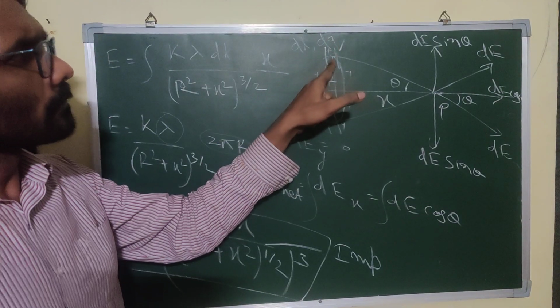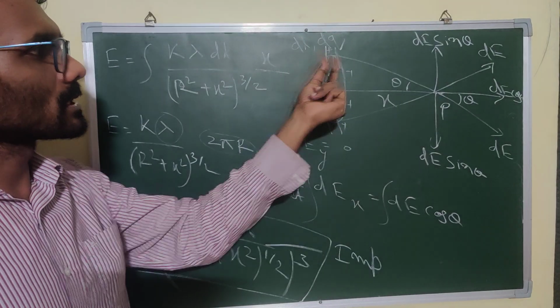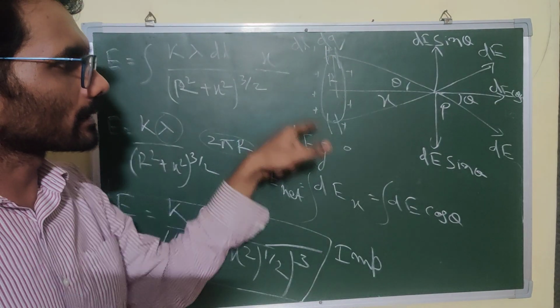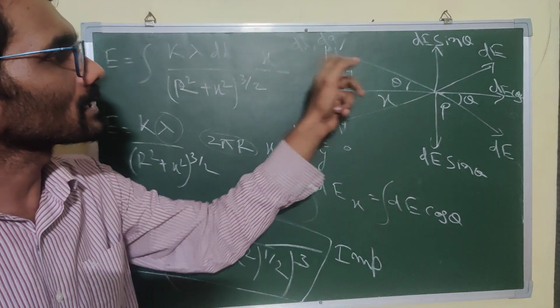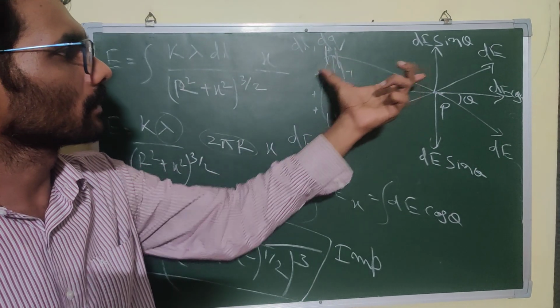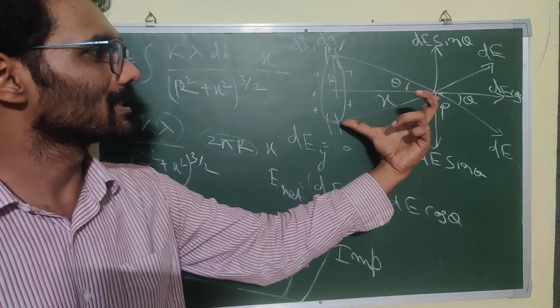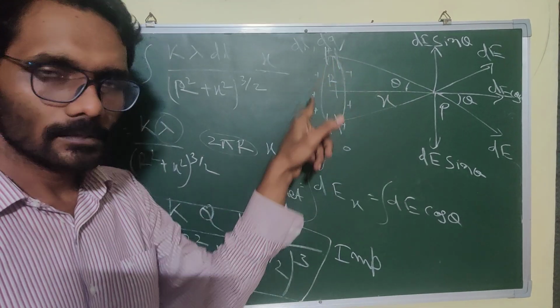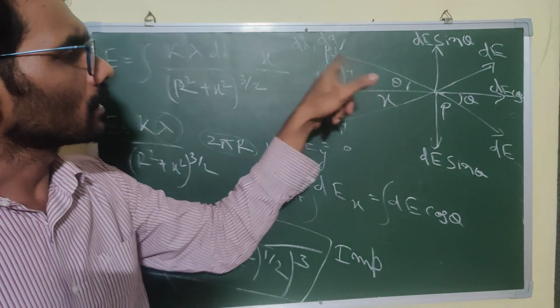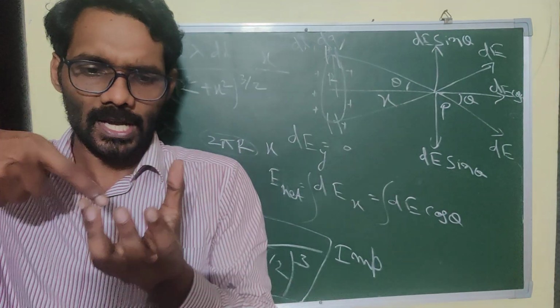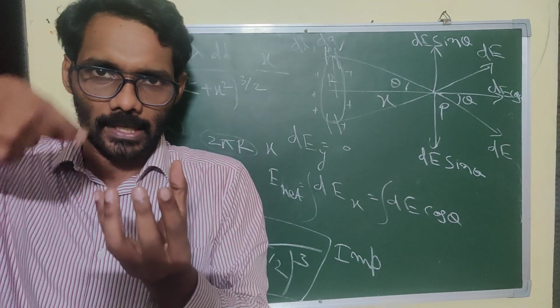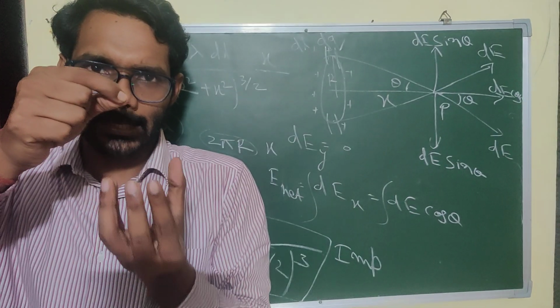You see, from each charged length element, from each point on the loop to this P point, all distances are the same. Can you understand this? A charged loop is there, and here I want to find out electric field.